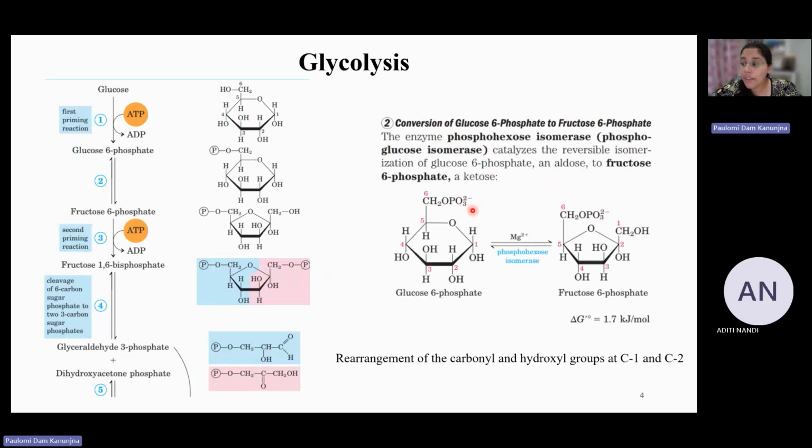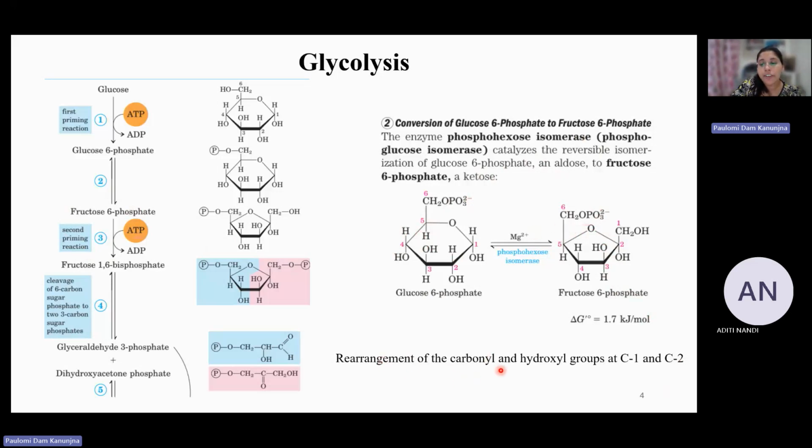Next, once you have the glucose 6-phosphate ready, it isomerizes to form fructose 6-phosphate. This is that step. This step again uses ATP. Okay, but this is reversible. So here an aldose, which is your glucose 6-phosphate, gets converted to a fructose 6-phosphate, which is a ketose. So there is an aldose to ketose isomerization.